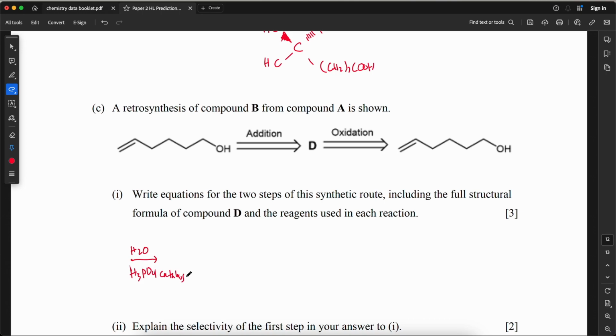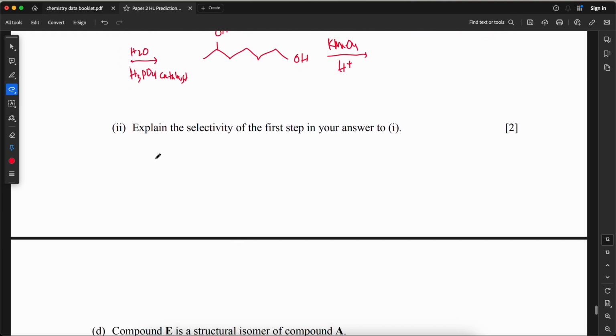It will produce the alcohol, a secondary alcohol, and then oxidation will use the reagent KMnO4 in acidic conditions. So why is it the secondary alcohol? We will answer this in the next question.